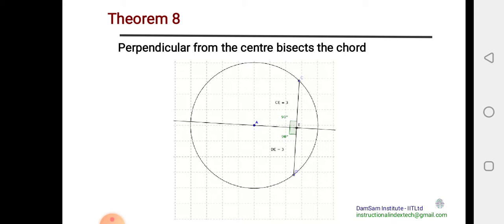When we have a chord of a circle, just like this chord CD, and a perpendicular straight line coming from the center, it bisects the chord at point E, meaning that it divides the chord into equal halves. And when a straight line bisects a line, it does so at an angle of 90 degrees. So these are the 8 theorems we have.